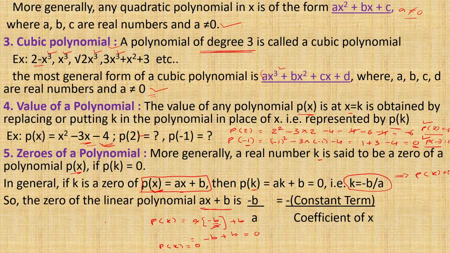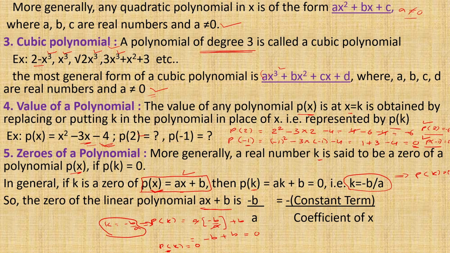So what we have done, we have taken k is equal to minus b by a and substituted this k in the linear expression p of x is equal to ax plus b. That is p of k is equal to a into k plus b. If we substitute k as minus b by a, we will get p of k is equal to 0. That means k is equal to minus b by a is called 0 of the polynomial p of x is equal to ax plus b.